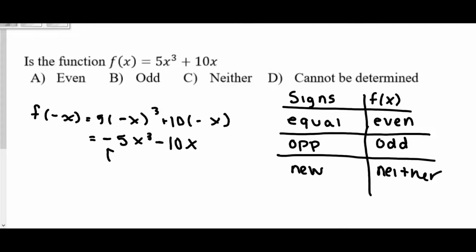The sign of 5x cubed is negative here, but the original sign is positive, so they're opposite. The sign of 10x here is negative, the original is positive, so that makes it opposite. All signs are opposite, so f of x is an odd function. The reason is that when you plug in a negative x, you get the negative, or opposite, function f of x.